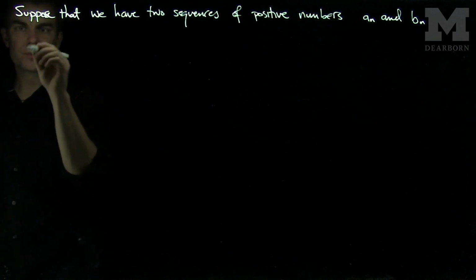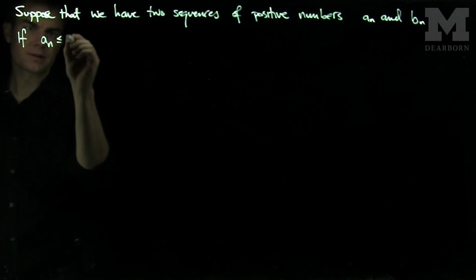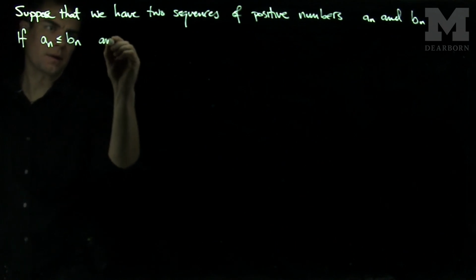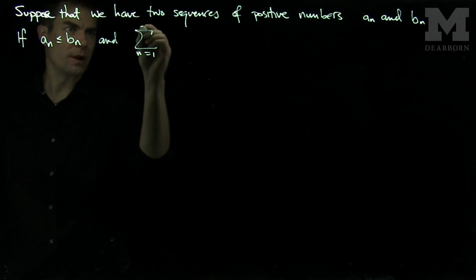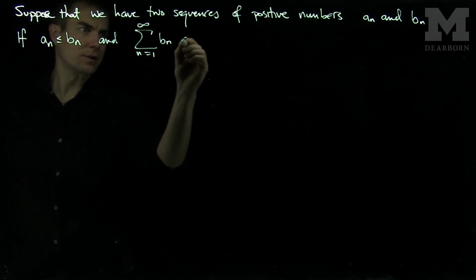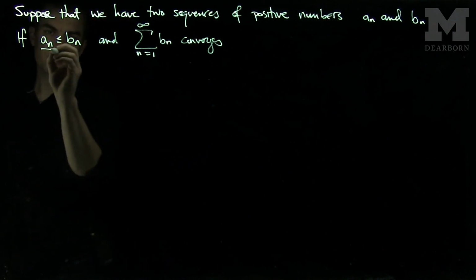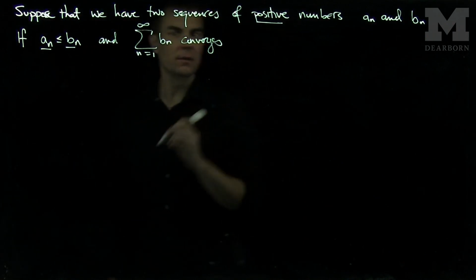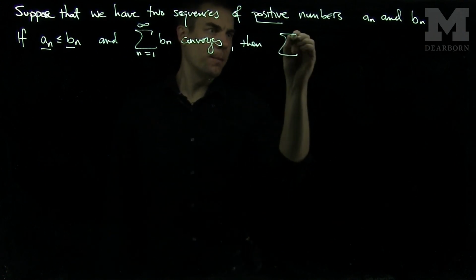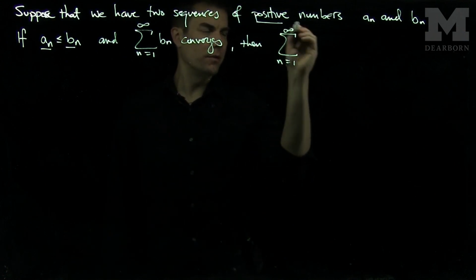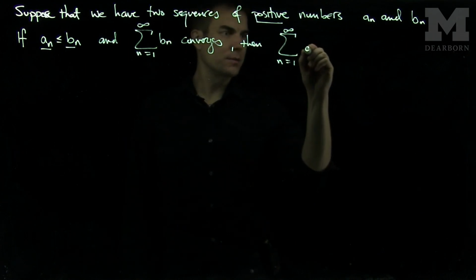The first relationship says that if An is less than or equal to Bn, and the sum, n goes from 1 to infinity, of Bn converges, and remember, these sequences are positive, then the sum, n goes from 1 to infinity, of An converges.